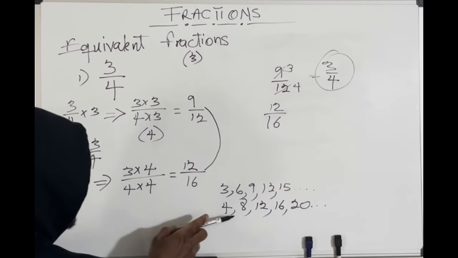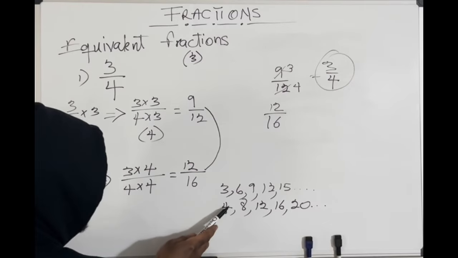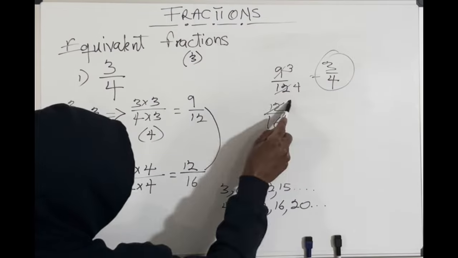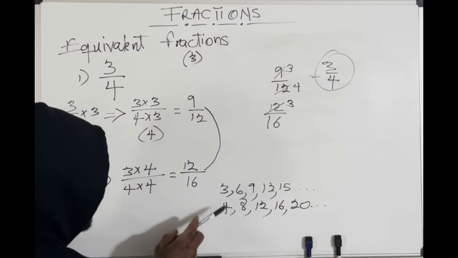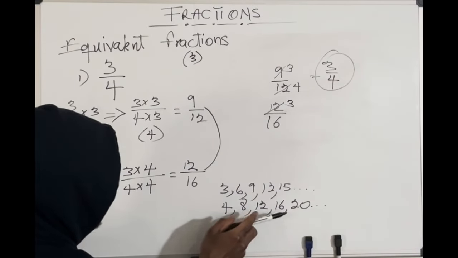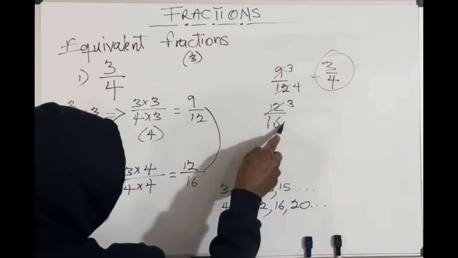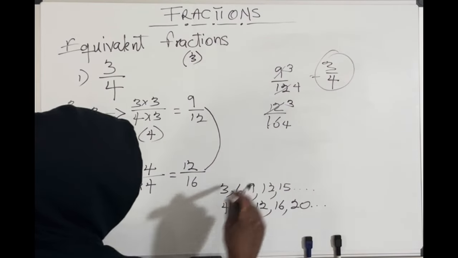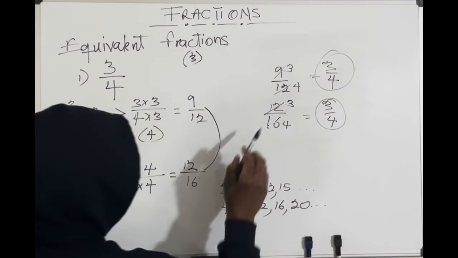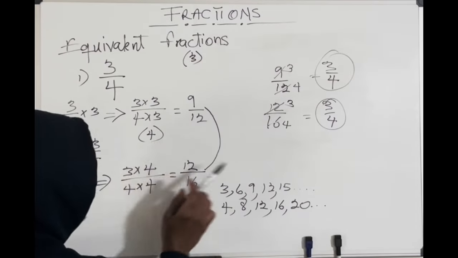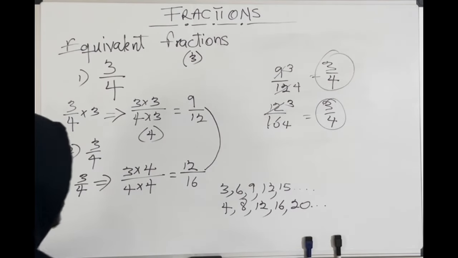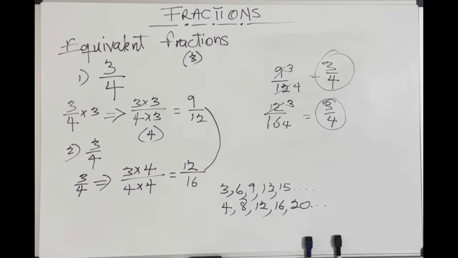So 4 times what number will give us 12? 4 3s are 12. So 4 goes here, 3. And the same way, 4 4s are 16. So 4 times 4 gives us what? 3/4. We found a 3/4. So that means 9/12 is equivalent to what? 12/16. The same fractions. Hope you got it.